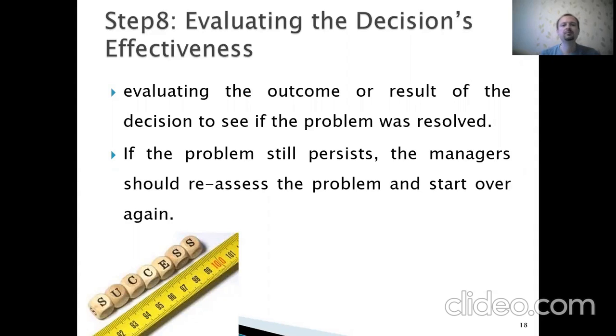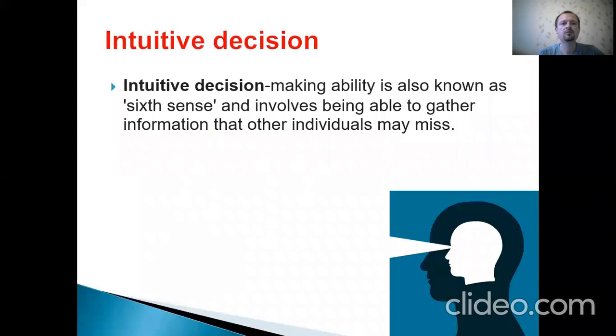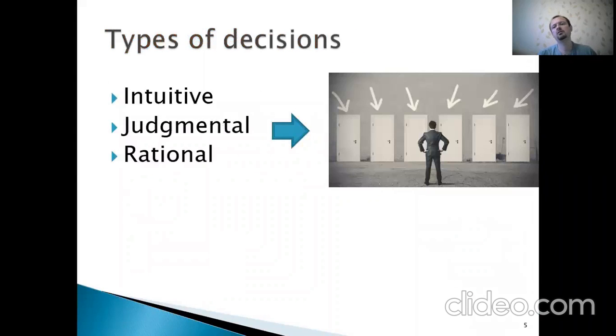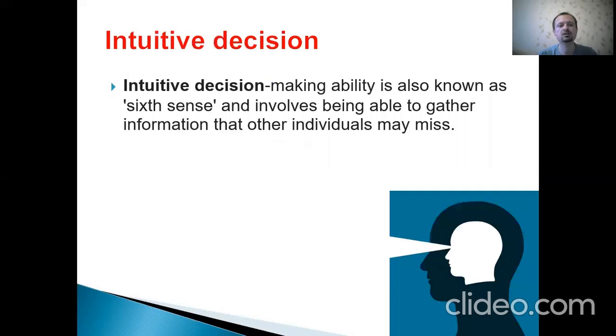Okay, today we spoke about decision-making process. The most important information from our today's lecture is the following: that in any situation it is possible to make three types of decisions: intuitive, judgmental, and rational. The best is rational, but it's not possible to make it in all situations.